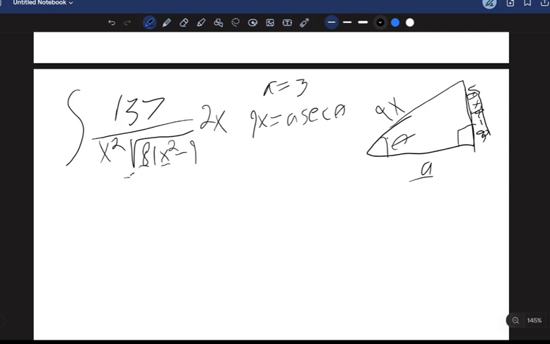So that would be the square root of 81x squared minus 9 over a. And what function is that? Tangent. So a tan theta equals the root of 81x squared minus 9.